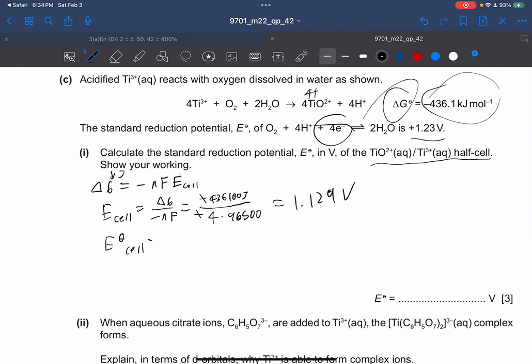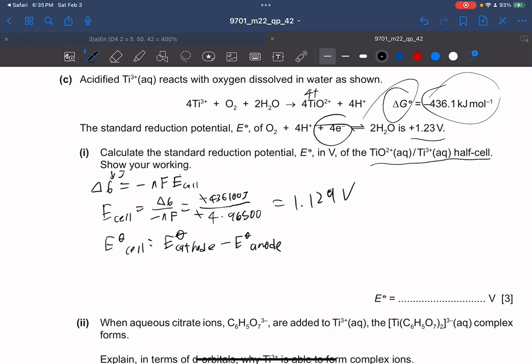We can remember that E cell is E standard cathode minus E standard anode. Now what we have to figure out is which cell is the cathode and which is the anode.